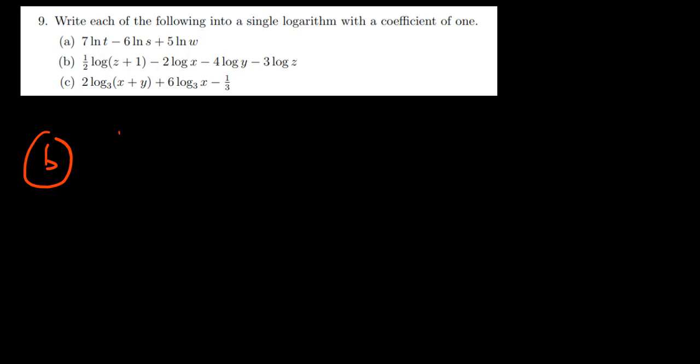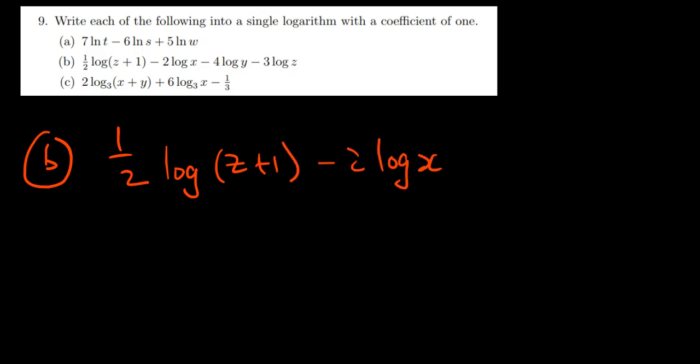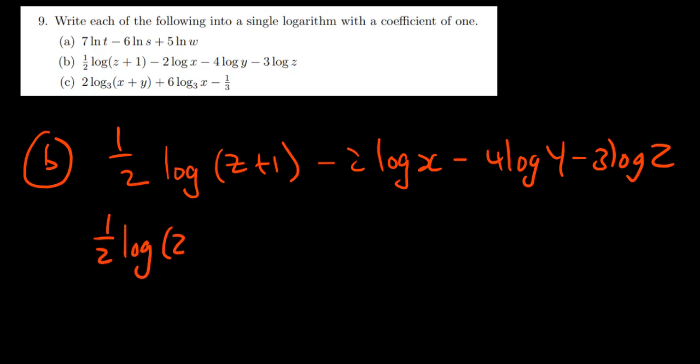Question B, we have 1 over 2 log of z plus 1, minus 2 log x, minus 4 log y, minus 3 log z. How can we simplify this and put it as one logarithmic function? First, we have 1 over 2 log of z plus 1.